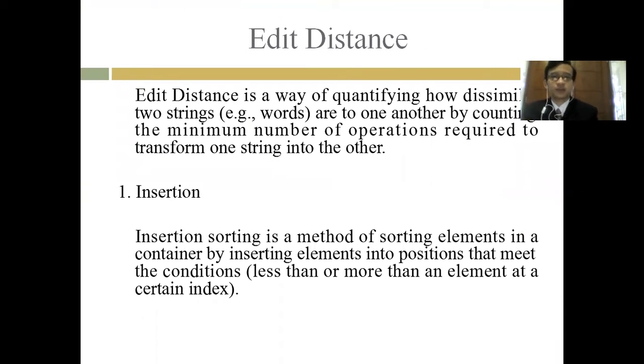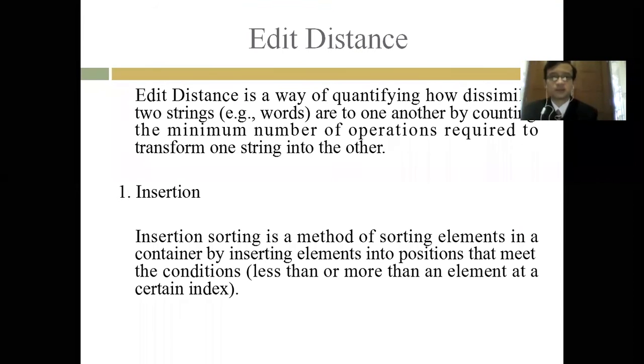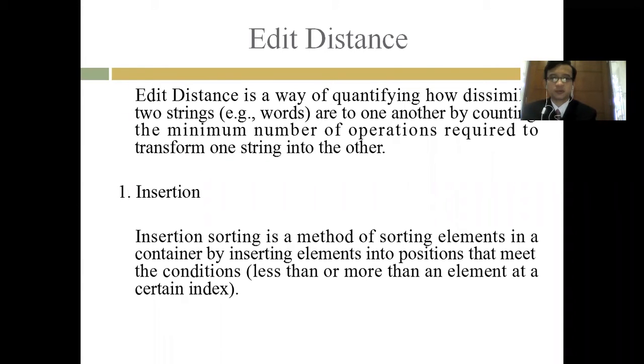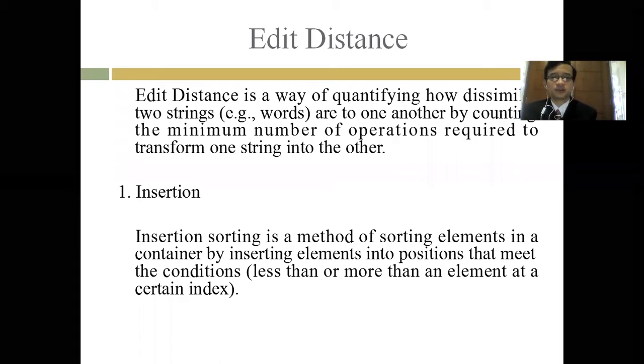I will explain about edit distance. Edit distance is a way of quantifying how dissimilar two strings are to one another by counting the minimum number of operations required to transform one string into the other.